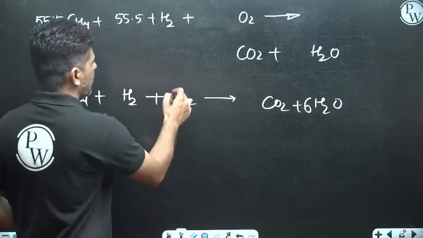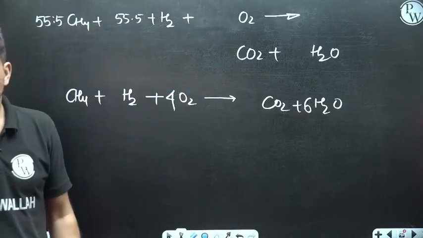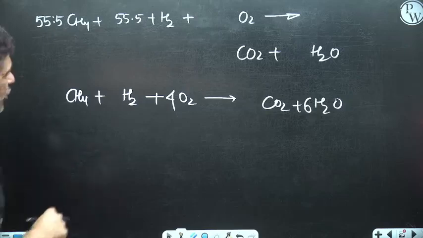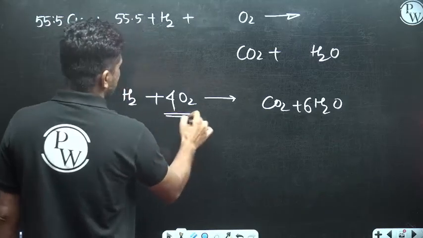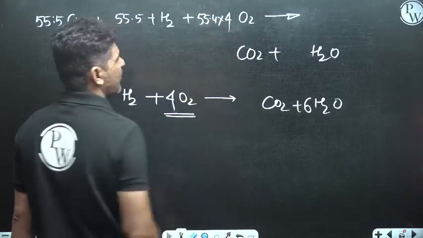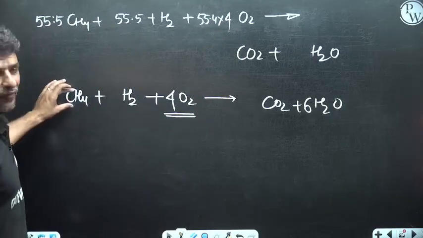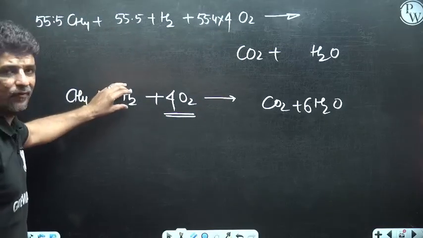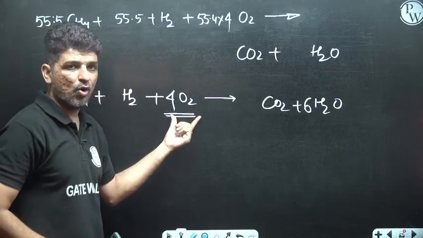So the total number of moles will be 4. So you see that the number of moles of oxygen required will be equal to 55.4 multiplied by 4. So every mole of CH4 and every mole of hydrogen requires 4 moles of oxygen.